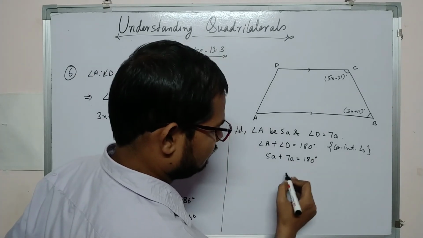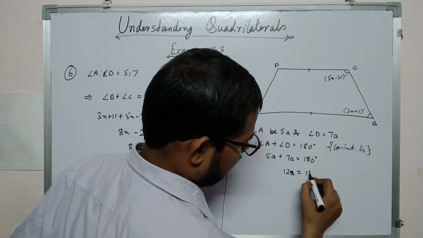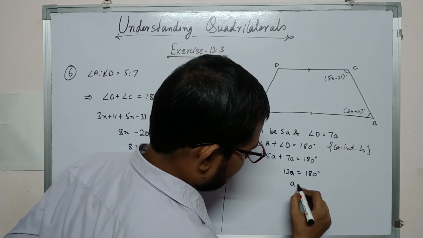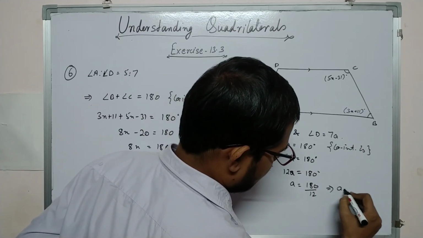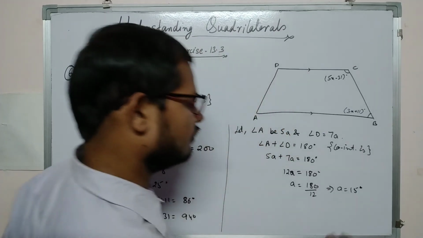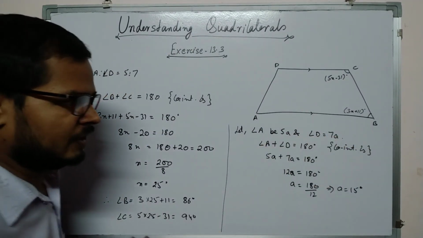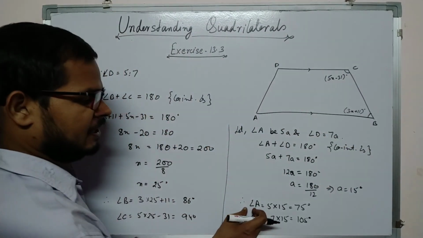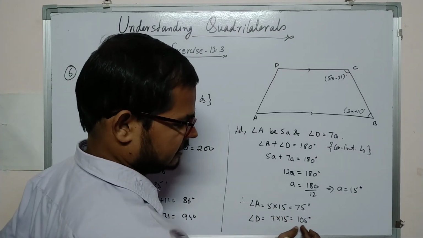Now 5A plus 7A is 12A equals 180 degrees, and here we get A equals 180 upon 12, that is equal to 15 degrees. Now we can place the value of A in 5A and 7A to get the values of angle A and D. And here we get angle A equals 5 into 15, that is 75, and angle D equals 7 into 15, that is 105 as the answer.